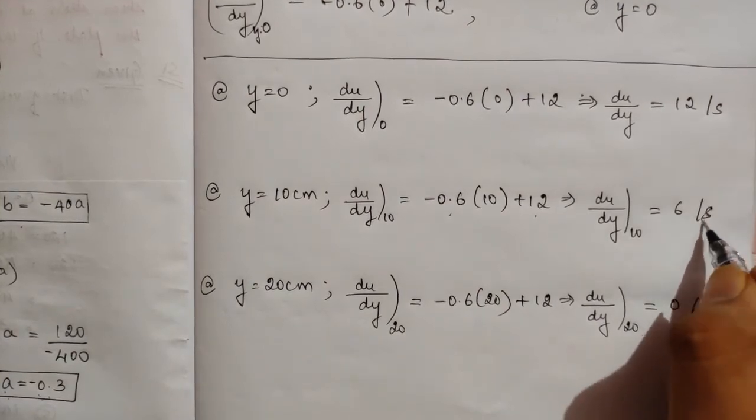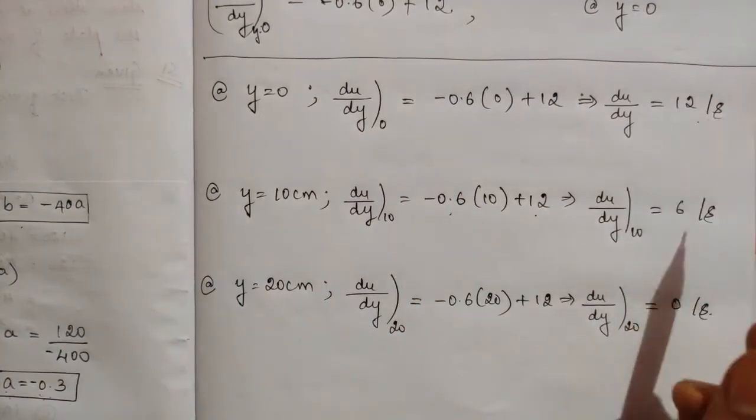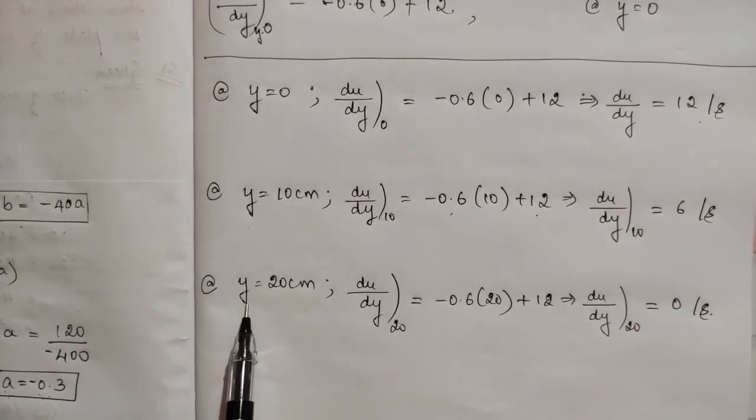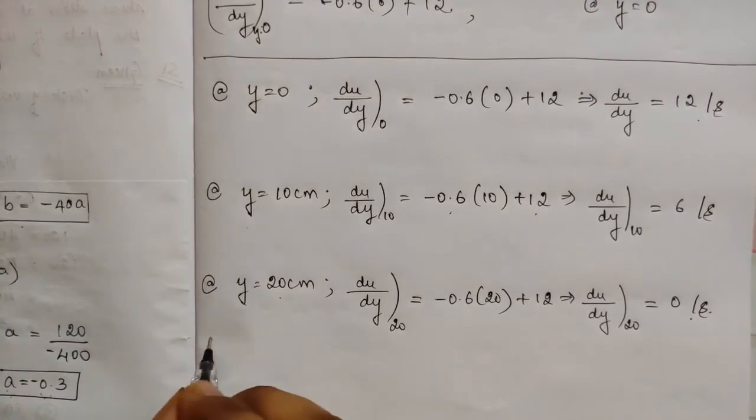Okay, this is the unit. So at y equal to 0 it is 12 per second, at y equal to 10 it is 6 per second, and at y equal to 20 centimeter it is 0 per second.